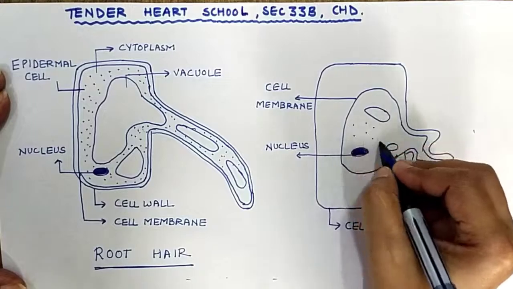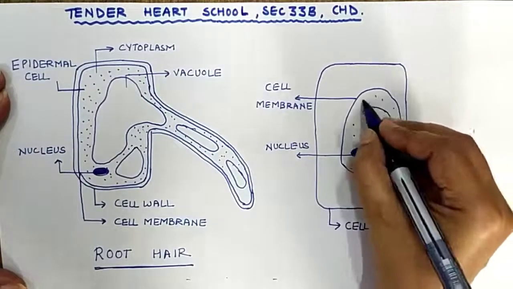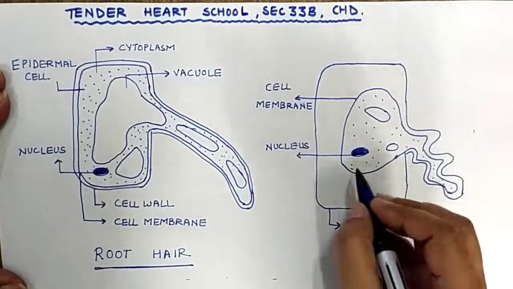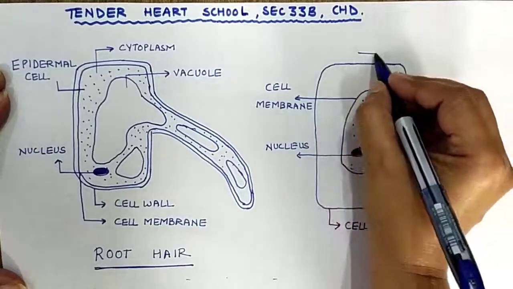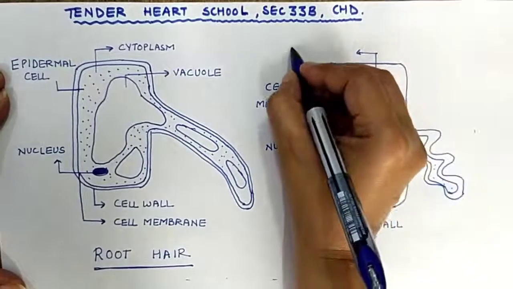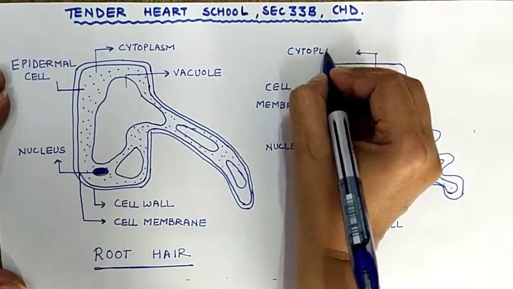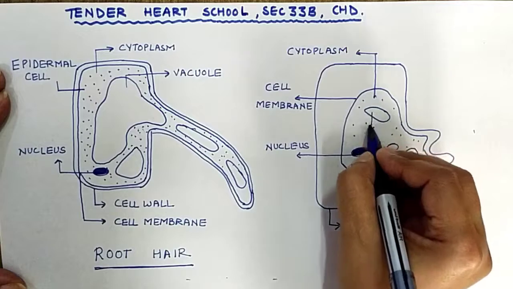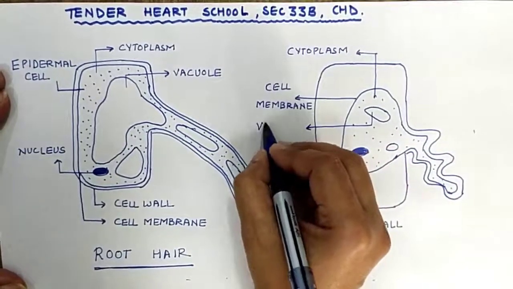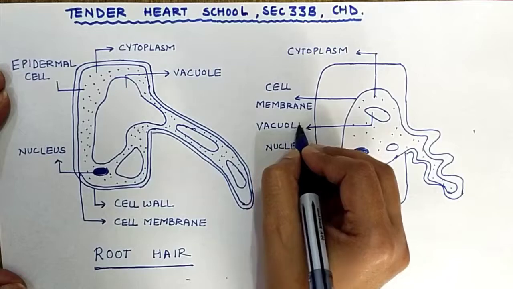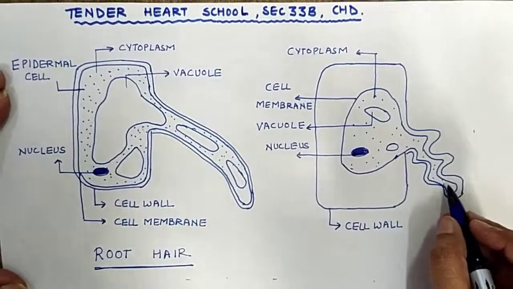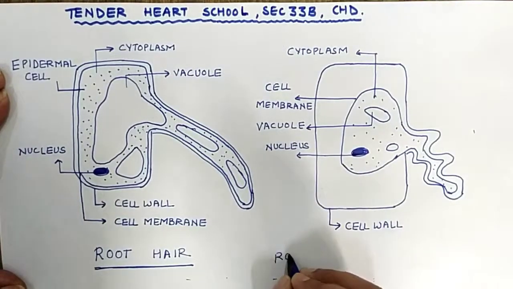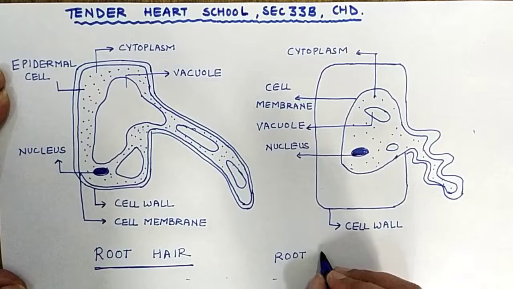Now this is cytoplasm. Cytoplasm, and this is your vacuole. Right? And this is how the root hair looks like now. It is the root hair in presence of fertilizers.